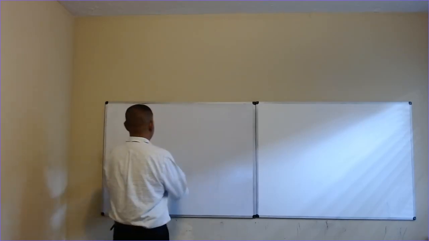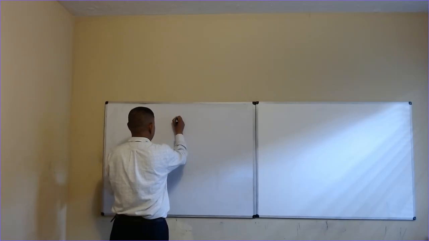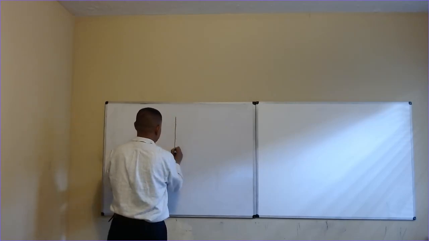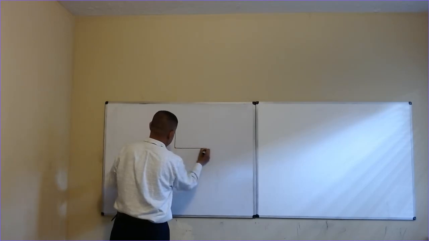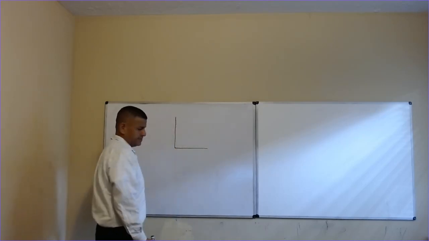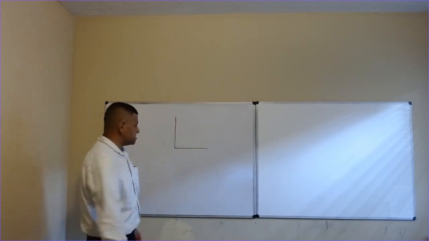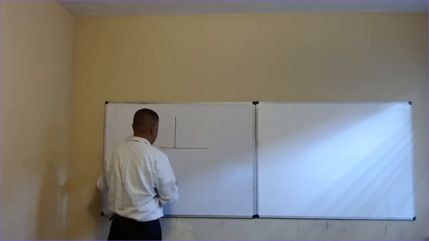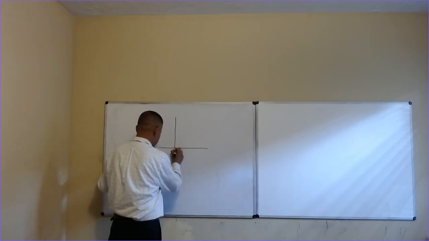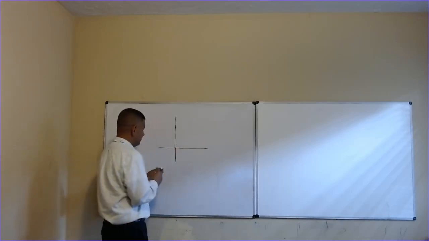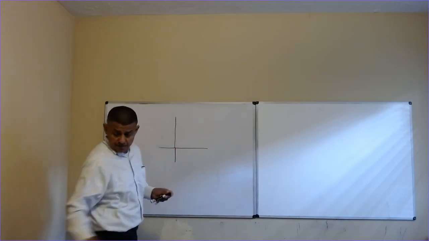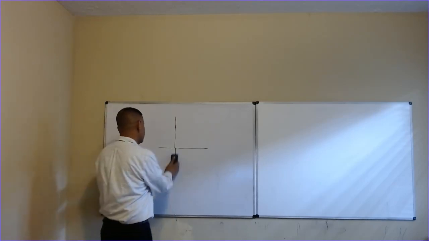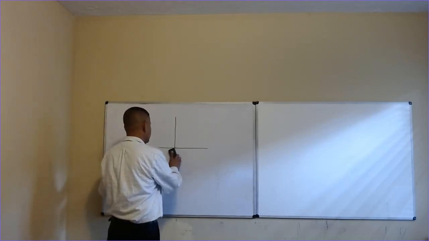For example, if I have something like this, I have just a two-dimensional line like this. It's going to be two-dimensional for now, just to give an example.